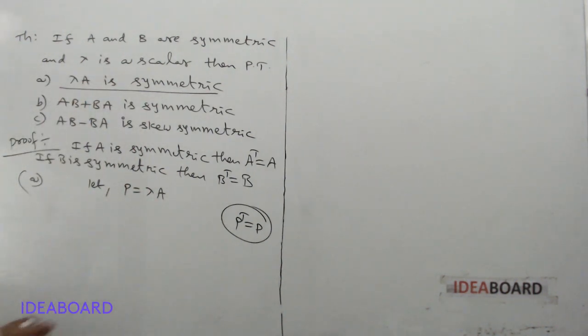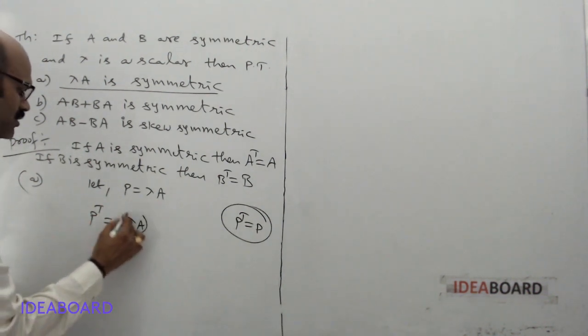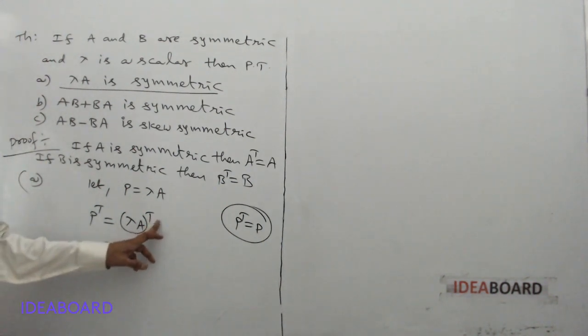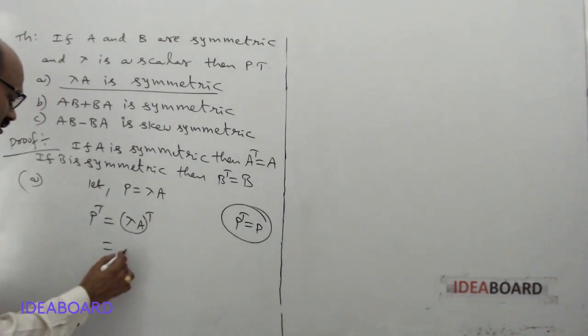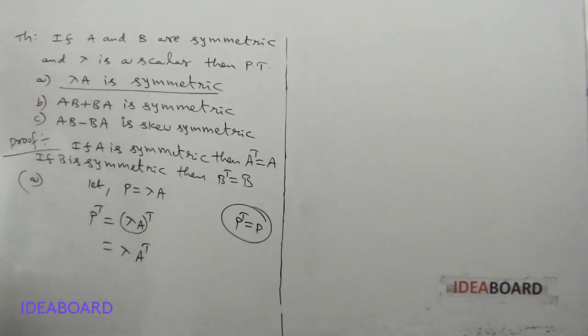Now, take P transpose equal to lambda into A whole transpose. We have the formula K into A whole transpose equal to K into A transpose. So lambda into A transpose.